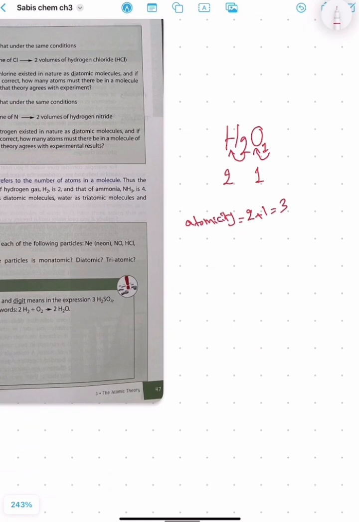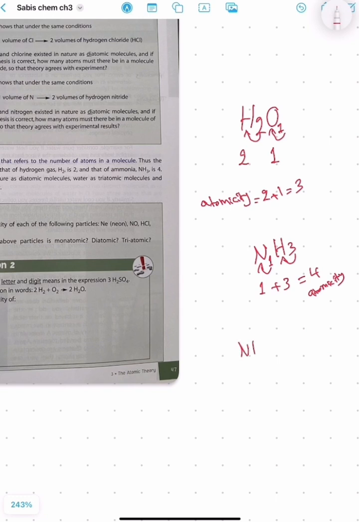Let's do another example. NH3. Nothing is here, so it's 1 nitrogen plus 3 hydrogen, which is 4. This is atomicity. If, for example, we have NH4OH and we have a 5 here, ignore this big number. You only count the subscripts, the small numbers.